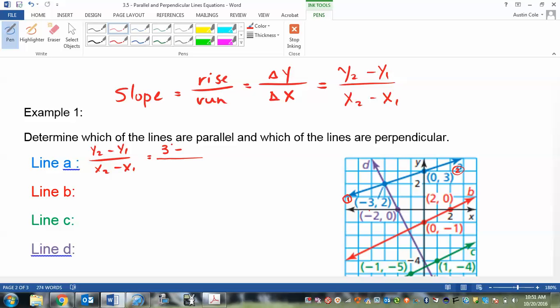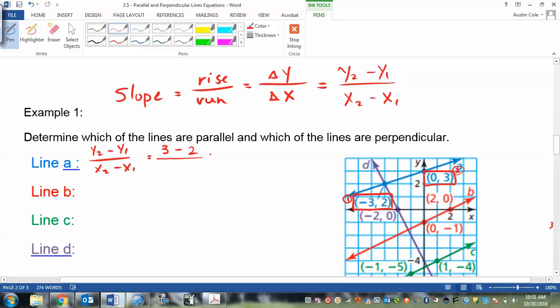So we're looking at this point and this point. Oh, not 3. This is our y coordinate of our first point. So 3 minus 2.